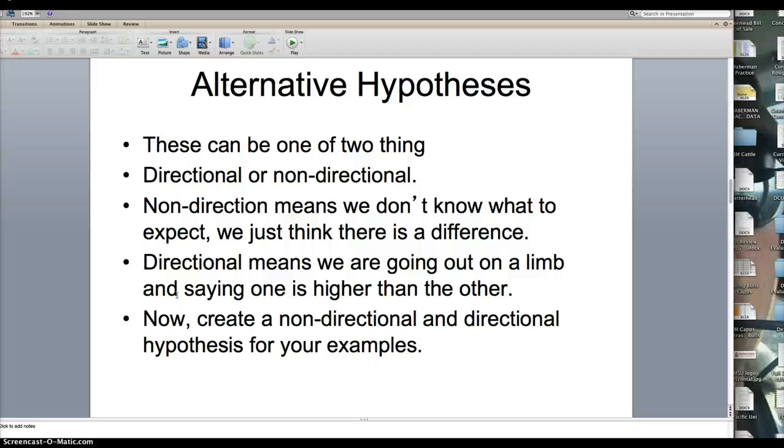There is a difference in the 9th graders and 12th graders, but we don't know where it is. That's a non-directional hypothesis. Directional means we're taking a stronger chance. Not only are we saying that there's a difference, we're saying where the difference is. So we're saying that the GRE scores of women are greater than the GRE scores of men. That is a directional hypothesis. It's going further than saying there is a difference. We're saying where the difference is.